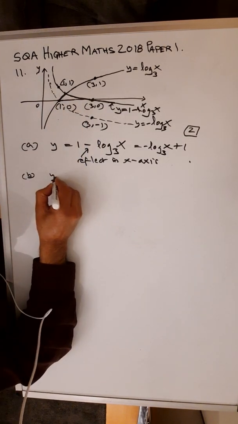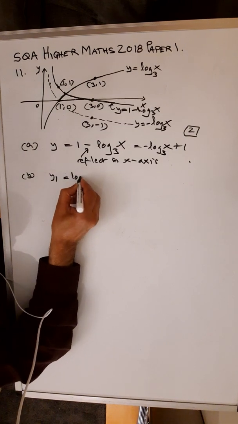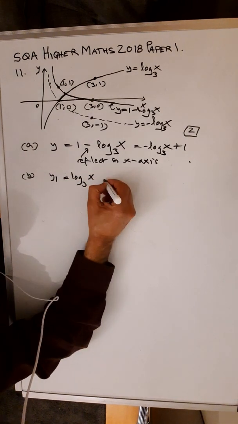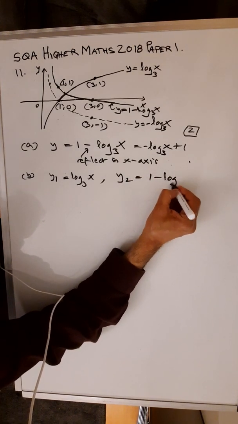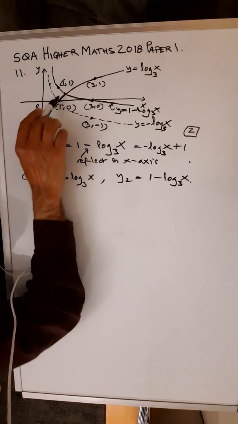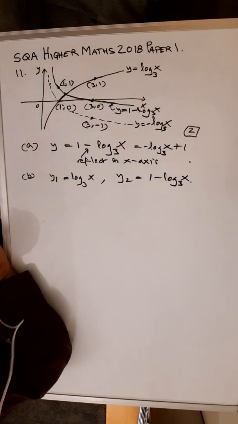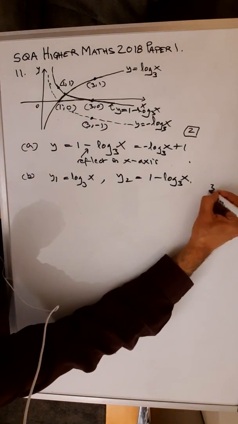So y1 is log to the base 3 of x. y2 is 1 minus log to the base 3 of x. And they both meet at that point of intersection. So equate the two. This is for 3 marks.